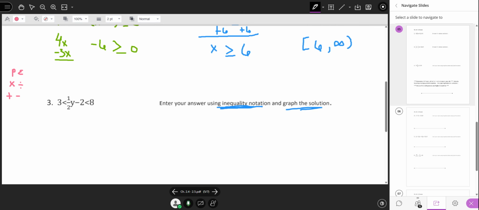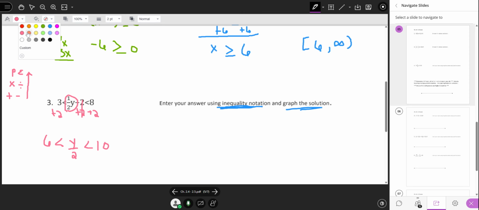Because remember we got to go up the order, so we got to get rid of this minus. So we add 2 to all 3 pieces. So that gives us 6 smaller than, and this piece right here, I can rewrite as y divided by 2, and a plus 2 is 10.